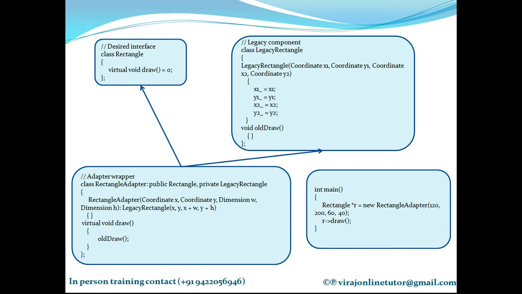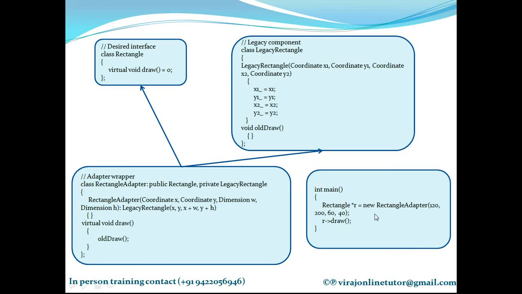But if the adapter inherits from adaptee, we say that it is a class adapter. So in this example, our adapter is inheriting from adaptee. Now adaptee is the legacy component, so since it is inheriting, this is a class adapter.